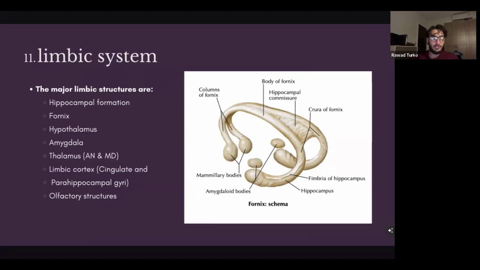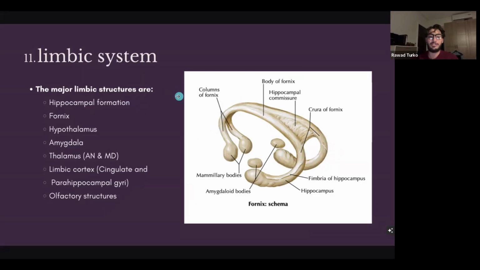Okay, moving on to the limbic system. The limbic system is responsible for things like memory, homeostasis, and smell. We're not going to focus on smell too much because you're going to talk about that more in your next block.